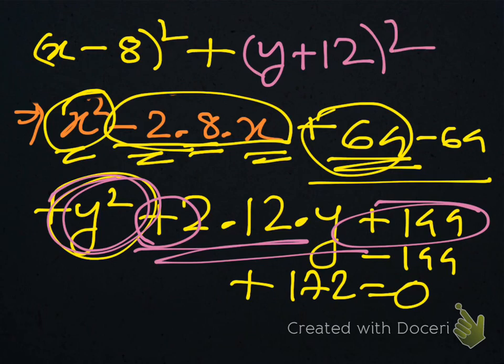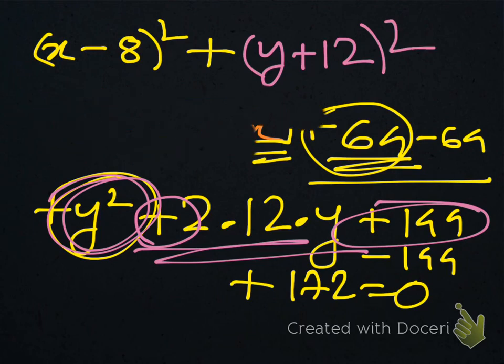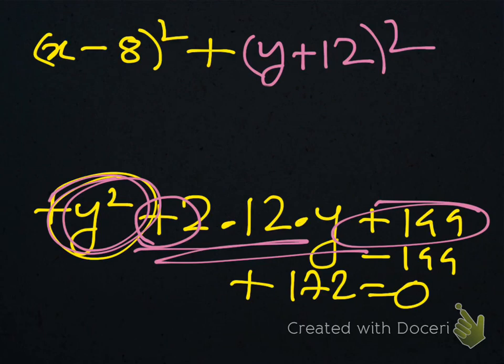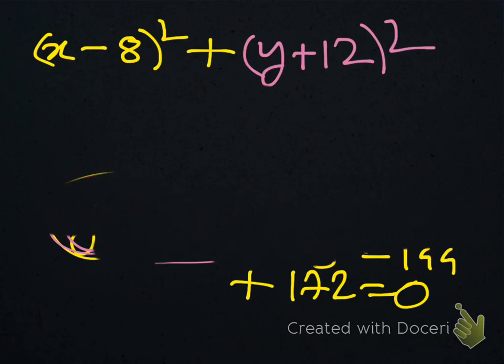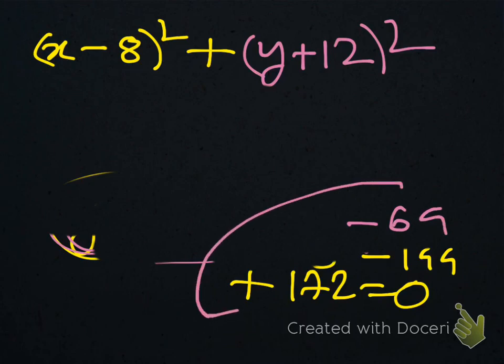Let me clear up this mess. Over there we had minus 64, so now we are having minus 64 minus 144 and plus 172.